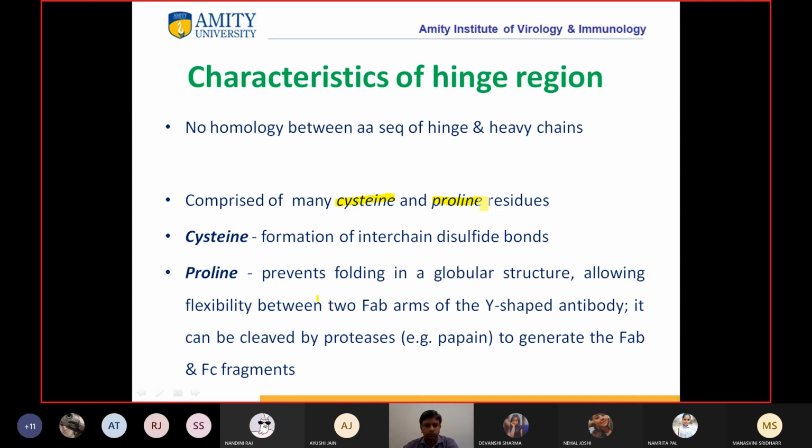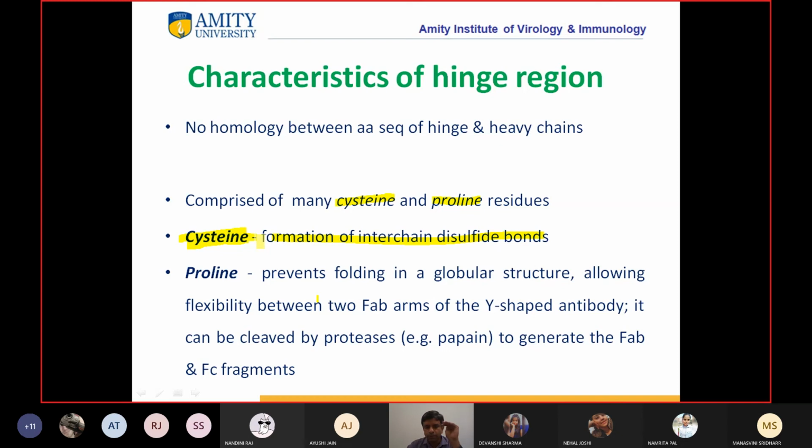And if you remember the pictures we have seen, there is disulfide bonding at the hinge region, right? It is because of cysteine. So cysteine helps in the formation of interchain disulfide bonds, therefore it's at the hinge region that these disulfide bonds are formed, mainly because of cysteine.